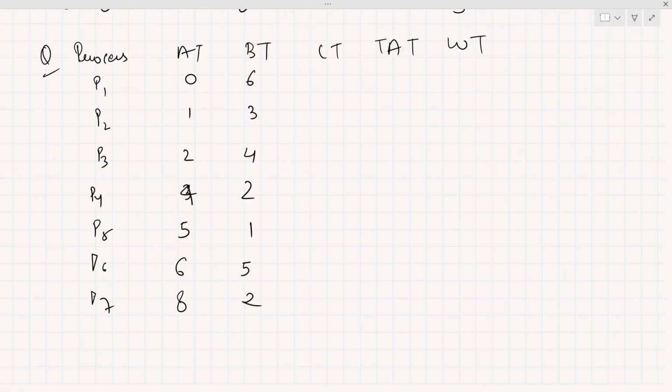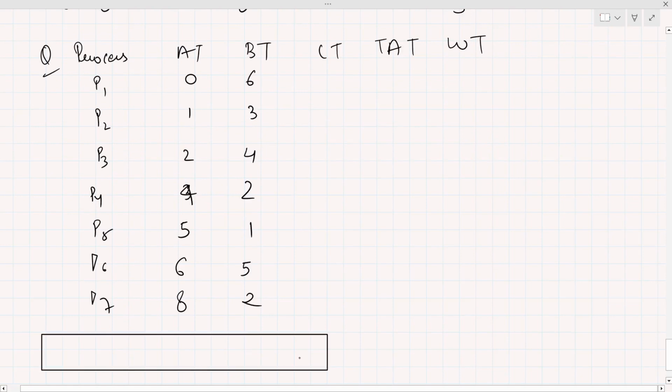Okay, and for that we have to make a Gantt chart. When the arrival time is 0, how many processes are available at 0? Only one process, P1. Now remember one thing: we place a process by seeing the arrival time.